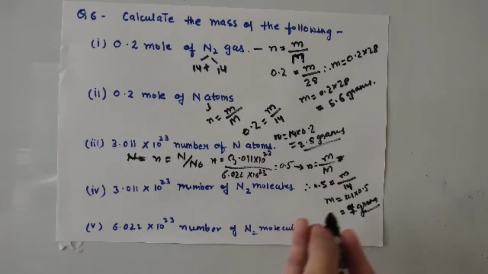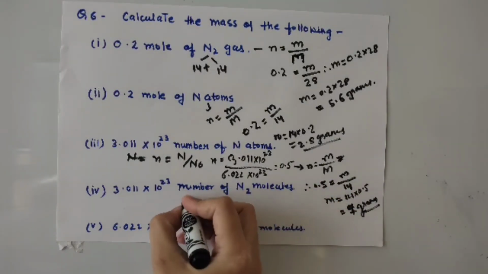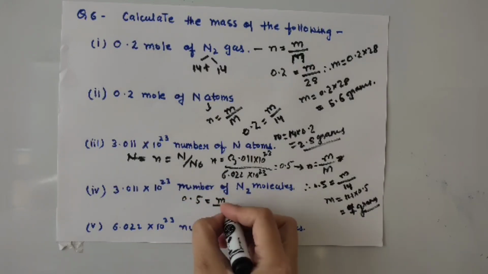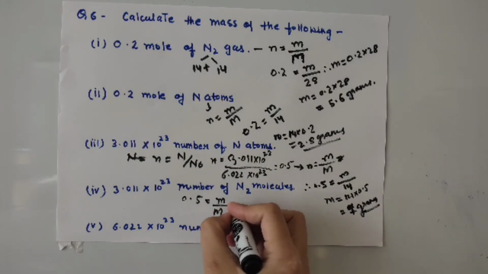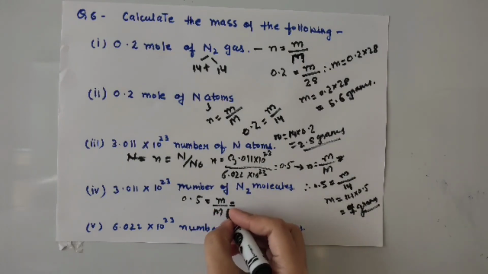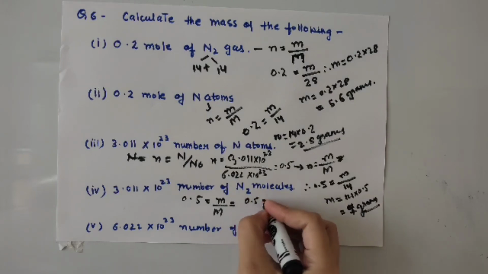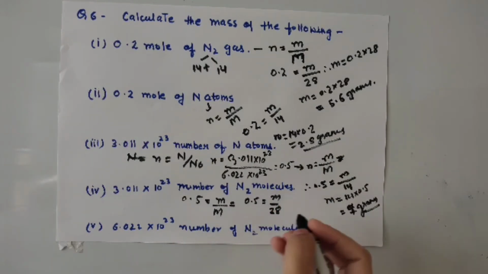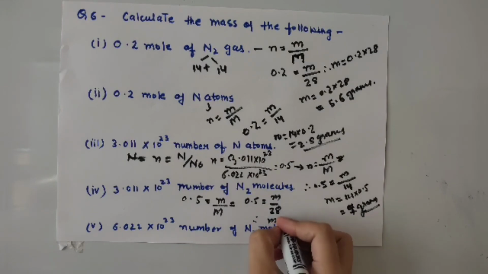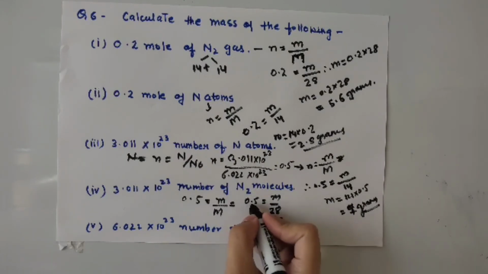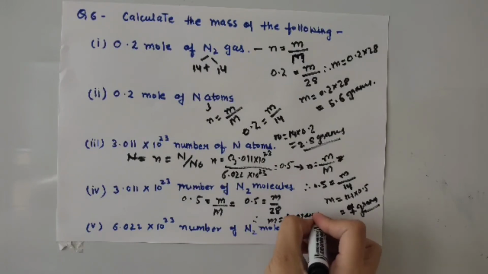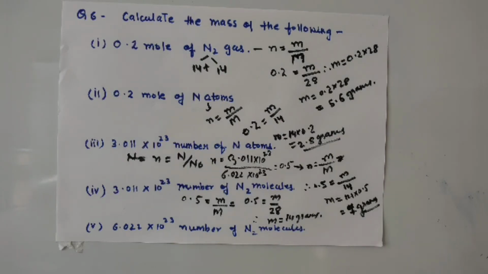You will find that the number of moles will be the same, 0.5 equals small m upon capital M, where capital M is 28. Therefore m will be 28 into 0.5, that is 14. So what will be your answer? The answer will be 14 grams.